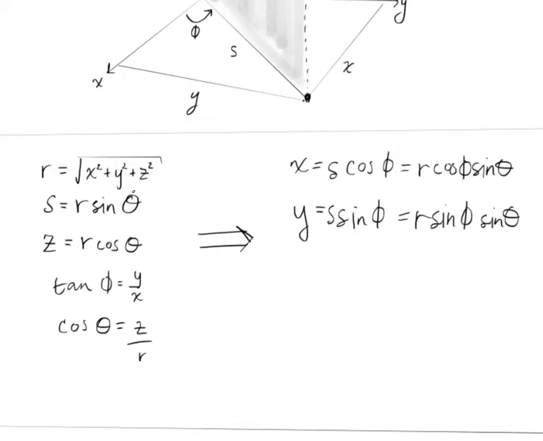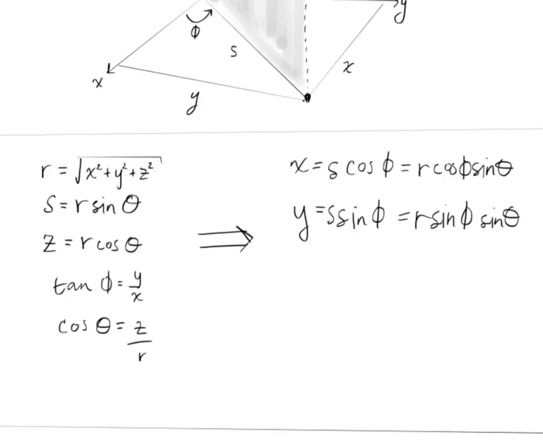So this s replaces this s, and we're left with r sine theta, and we're left with that remaining cosine phi.